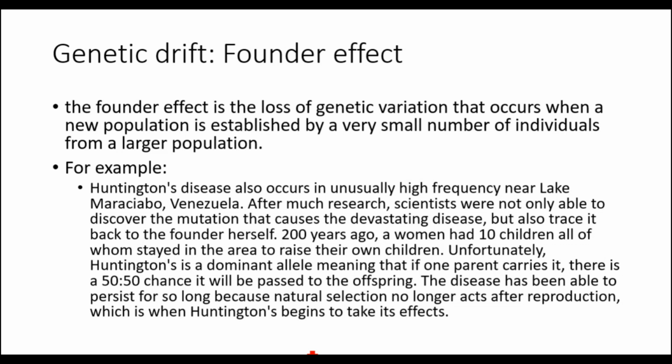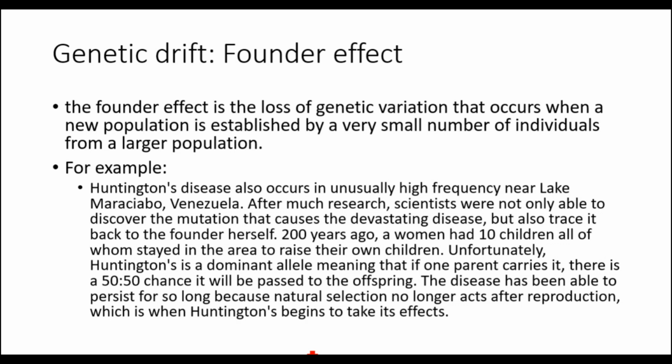After much research, scientists were not only able to discover the mutation that causes the devastating disease, but also trace it back to the founder herself. 200 years ago, a woman with 10 children settled in the area to raise their own children. Huntington's is a dominant allele, meaning that if one parent carries it, there is a 50-50 chance that it would be passed to the offspring.